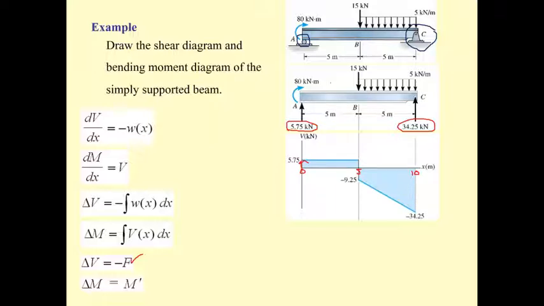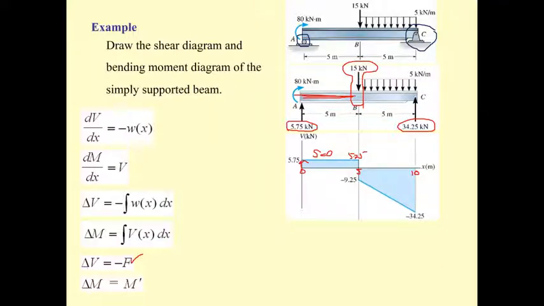And then since there is no uniformly distributed load along here, the slope here is going to be 0, and this is going to be 5.75. Okay, up until this point there is the 15 kilonewton downward force. So that means this one must go downward for 15.